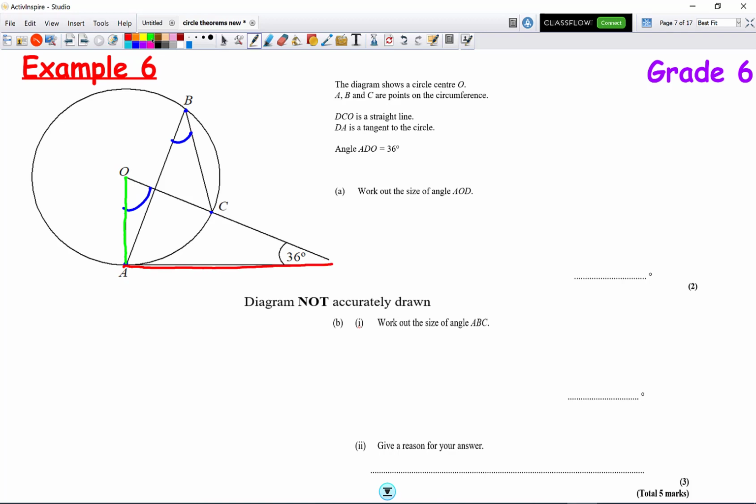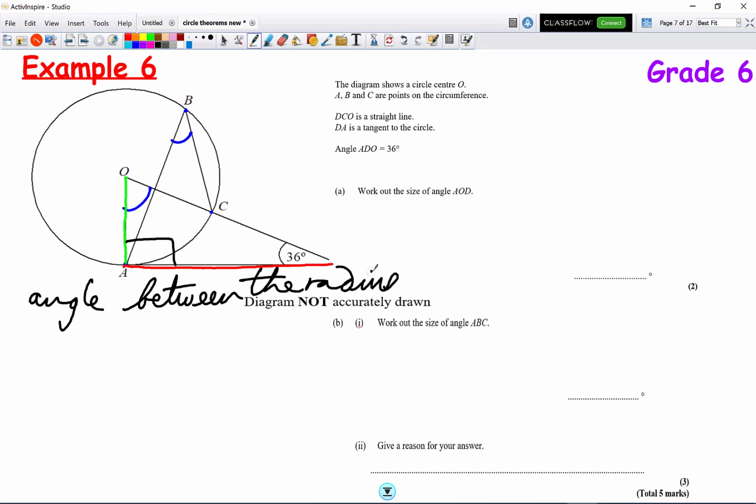So the angle between the radius and the tangent is 90 degrees. So let's write that in. The angle between the radius and the tangent is 90 degrees.